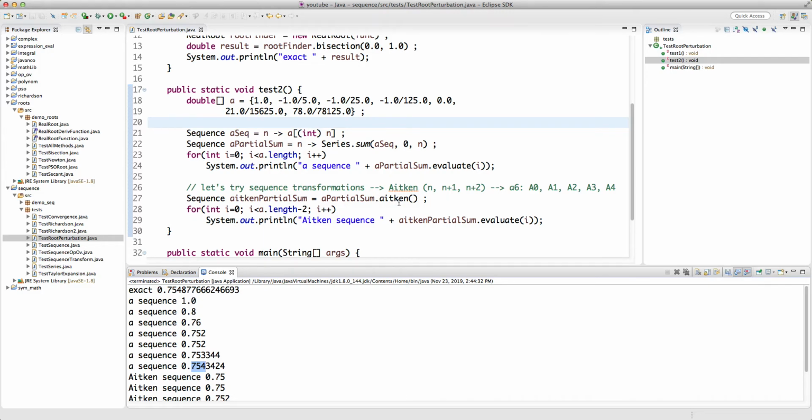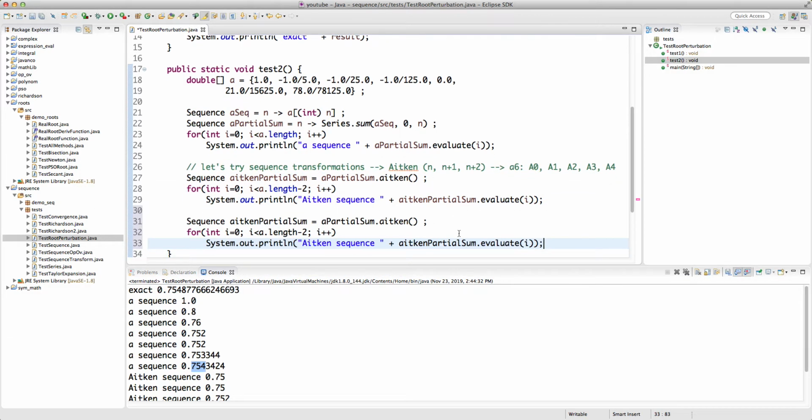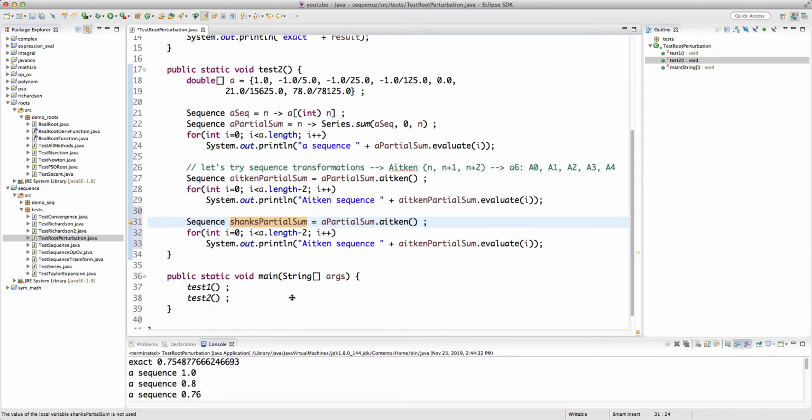Now let's try to go with Shanks. So Shanks partial sum, A partial sum, we're going to Shanks it, and then Shanks partial sum.